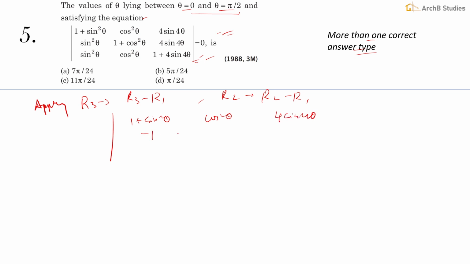Here it will be minus 1, 1 and 0. This will be minus 1, 0 and 1 equal to 0.